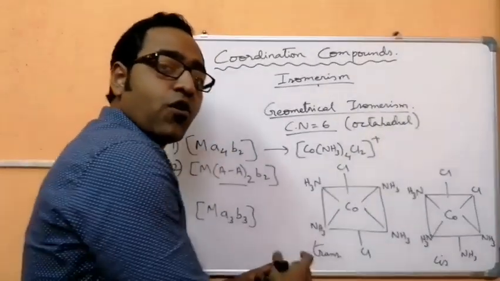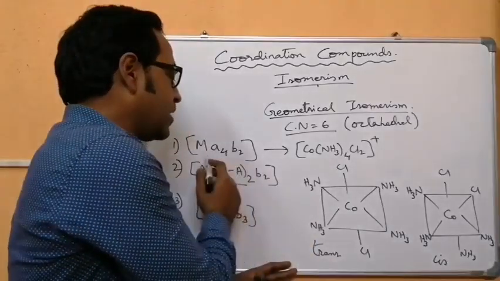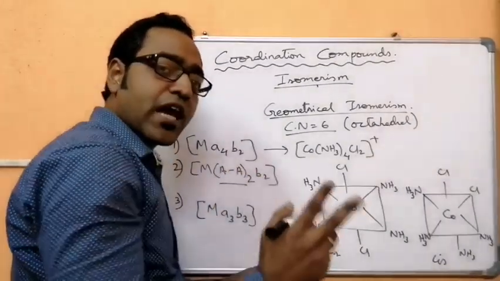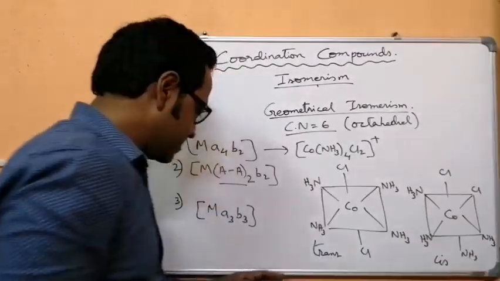So we have only 2 isomers, trans and cis. So MA4B2 type complex will have only 2 geometrical isomers, that is one cis, another trans.